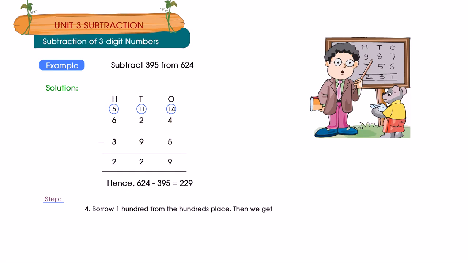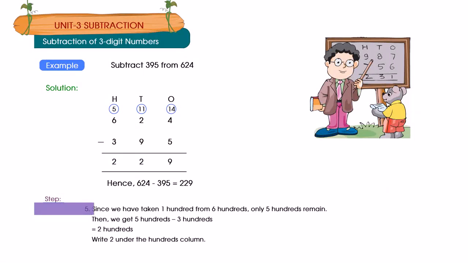Then we get 100 plus 1 ten is equal to 10 tens plus 1 ten is equal to 11 tens. Now 11 tens minus 9 tens is equal to 2 tens. Write 2 under the tens place.